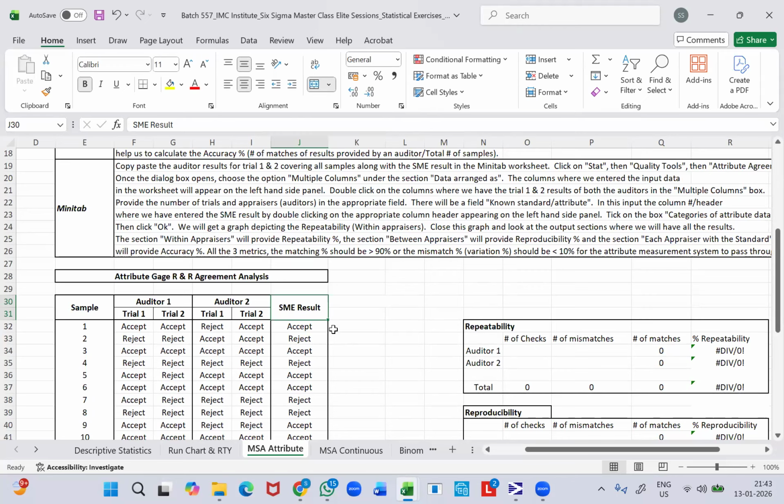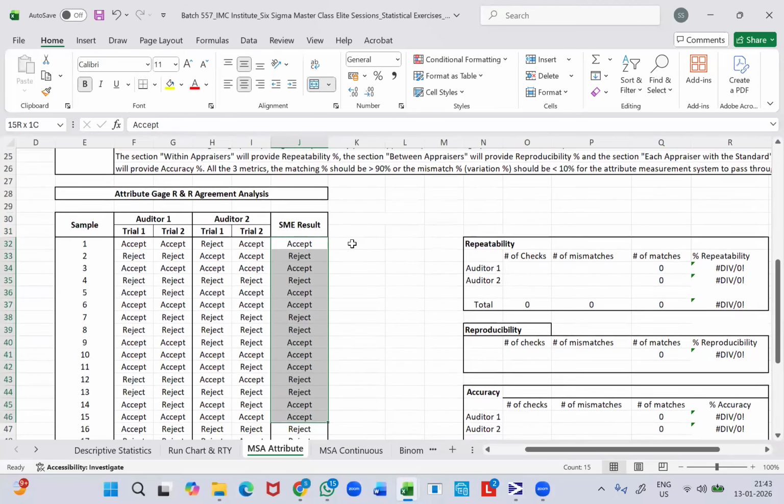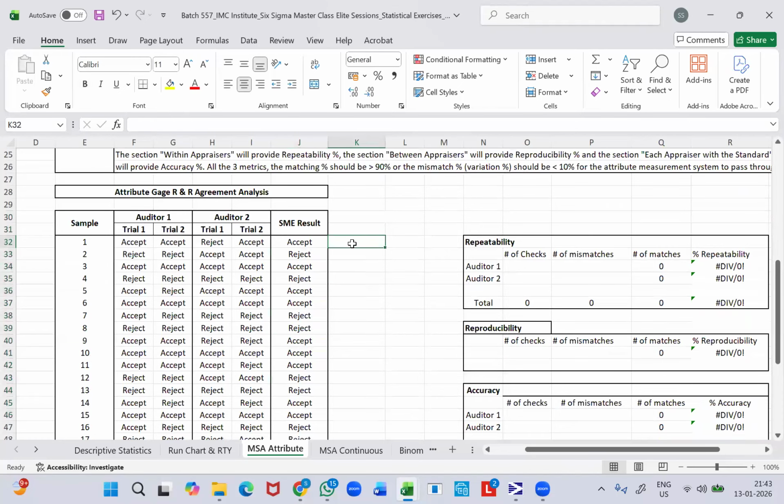So the results provided by the subject matter expert will be considered as the true value or the reference value based on which we will be able to find out whether the auditors have provided an accurate result for a particular sample unit. So the accuracy part can be calculated only when we have this SME result, which will be considered as the true value or the reference value.